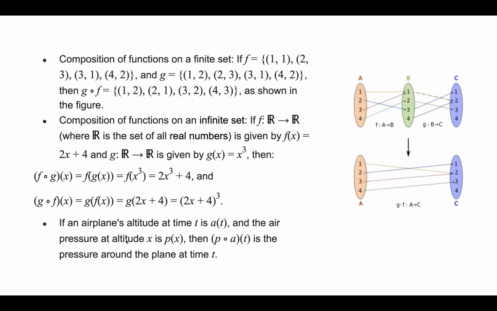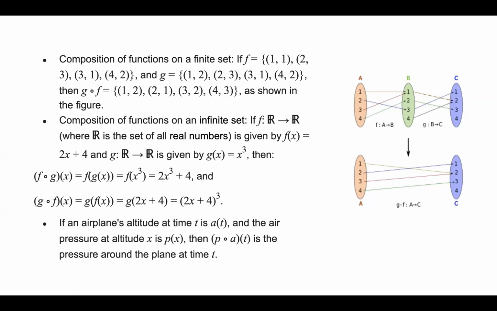Altitude at a particular time t is a of t. Altitude is a function of time, and the air pressure at altitude x is p of x.